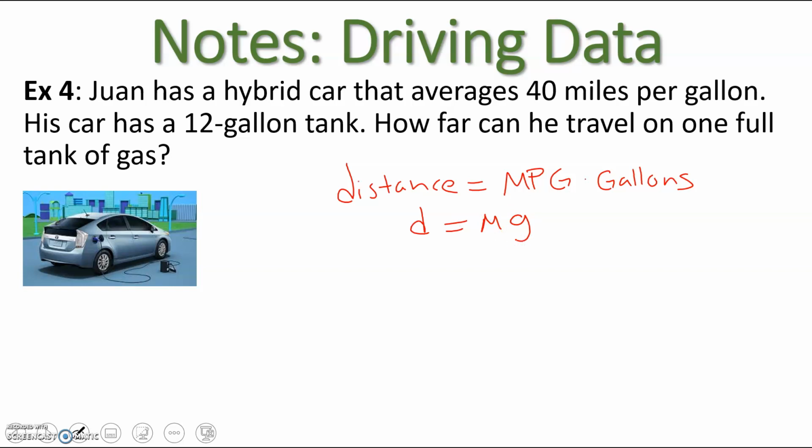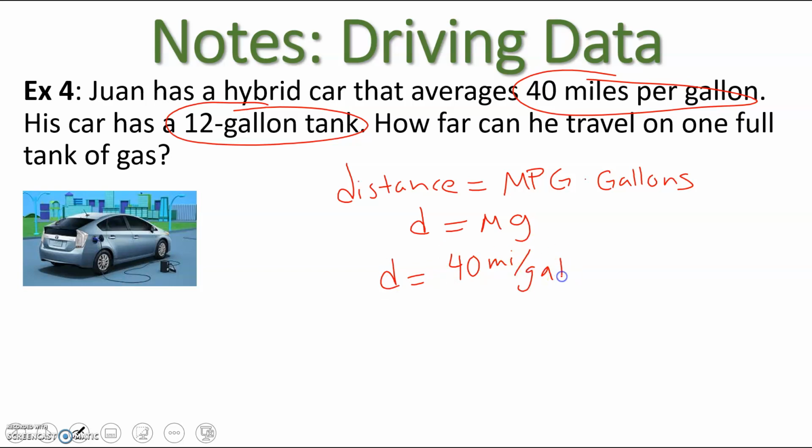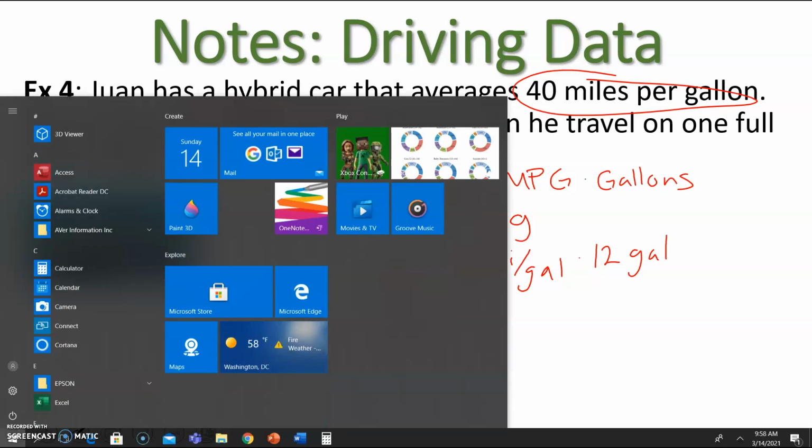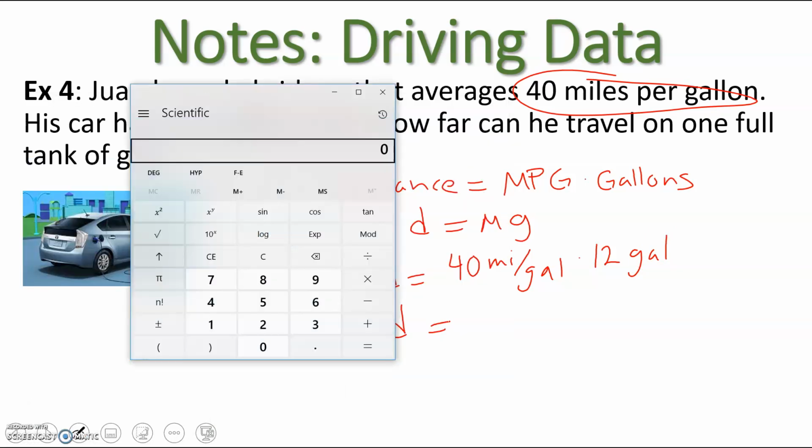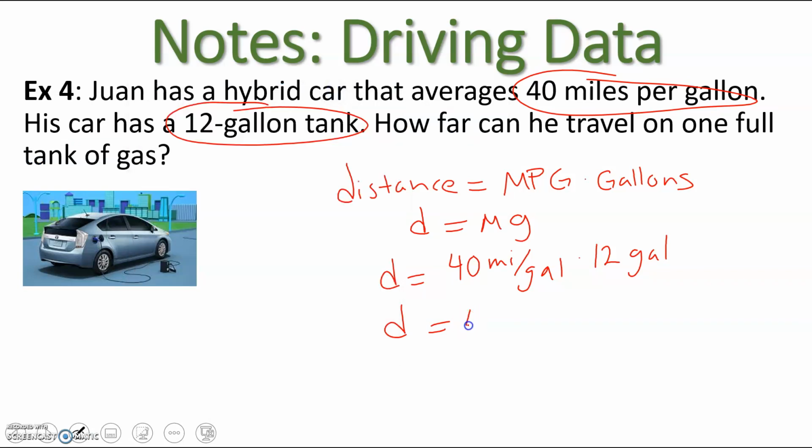So here, our miles per gallon is 40, and our gallons is 12. So D is equal to 40 miles per gallon times 12 gallons, and 40 times 12 is 480.